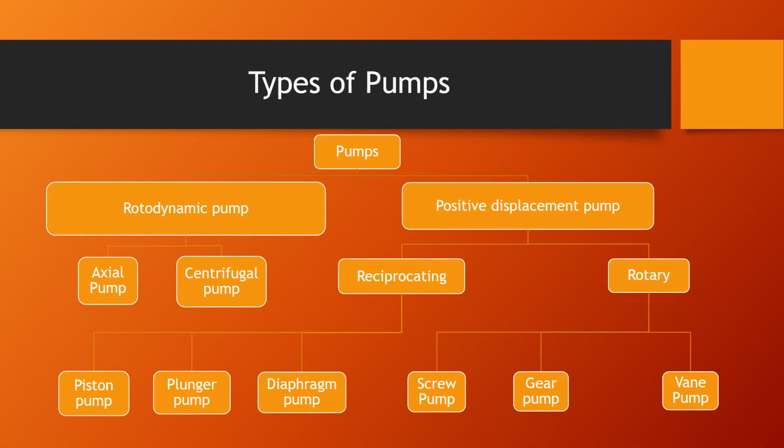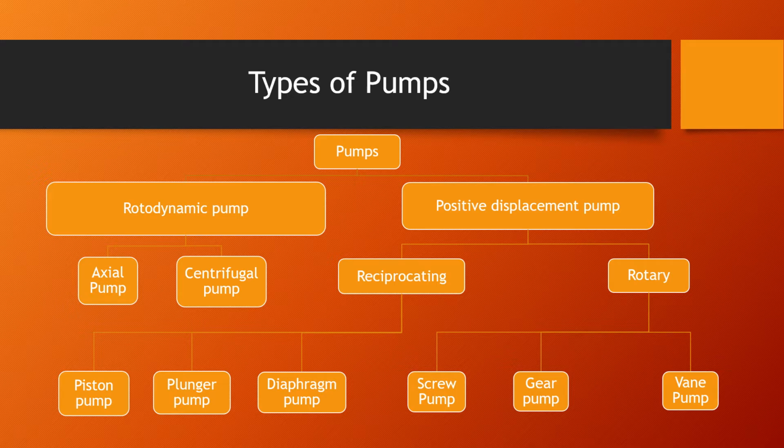Now, rotodynamic pumps impart the energy to the fluid by rotation. So you'd have some kind of rotating member where the fluid will come in, and then that rotational energy will be imparted to the fluid. These rotodynamic pumps can be subdivided into either an axial pump or a centrifugal pump.